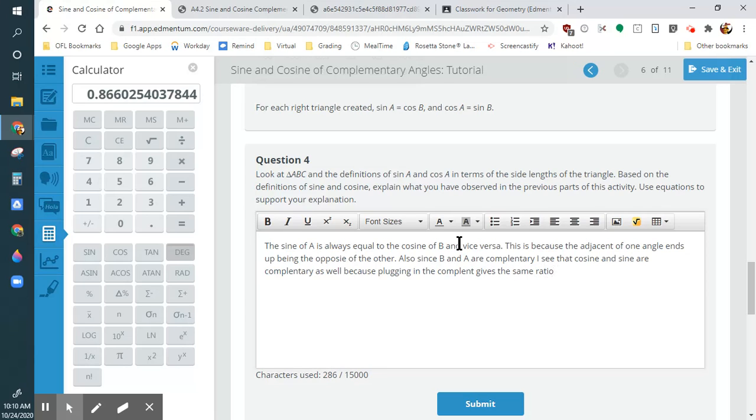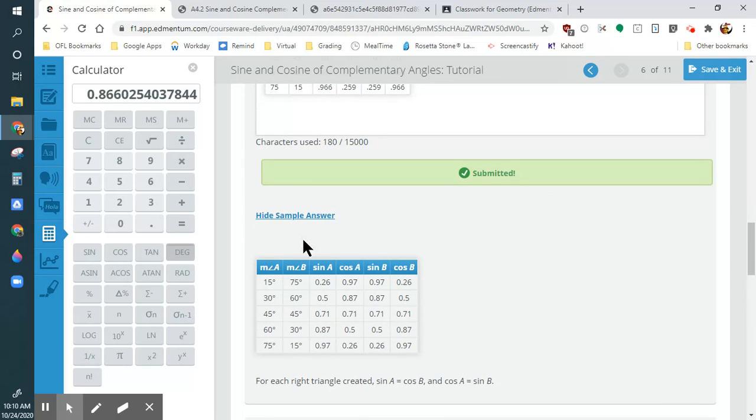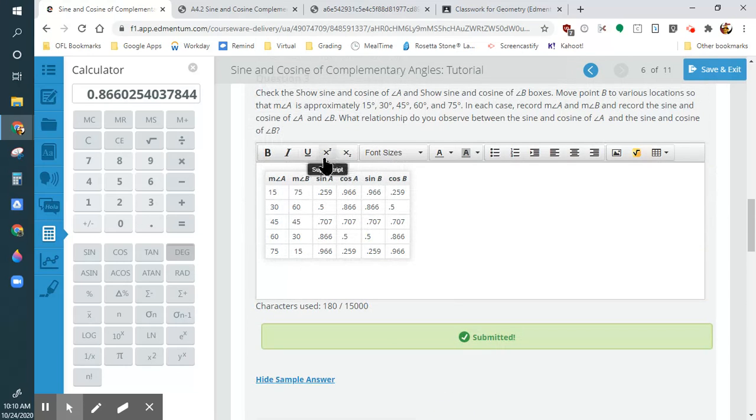So what I'm basically saying here is if I plug in the complement, so when I plug in sine of 15 and I plug in a cosine of 75, they equal each other. So that's what I was saying here, that these two equal each other. Because the cosine of 15 is equal to the sine of 75 and vice versa. So the sine of 15 is equal to the cosine of 75.